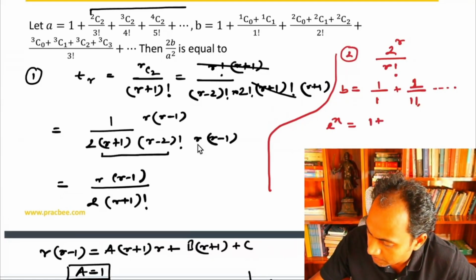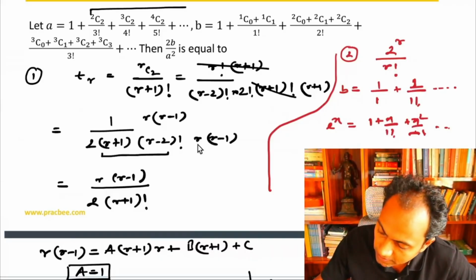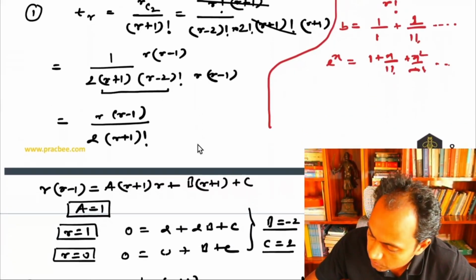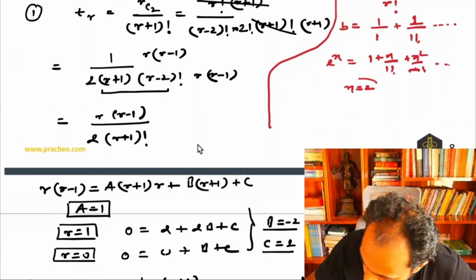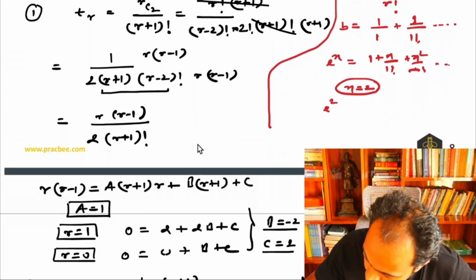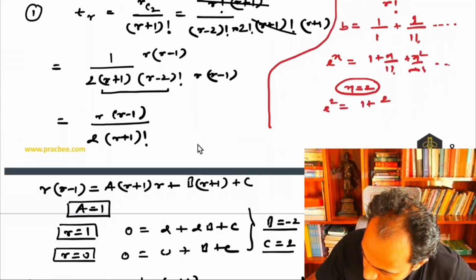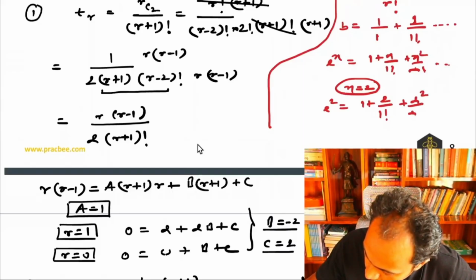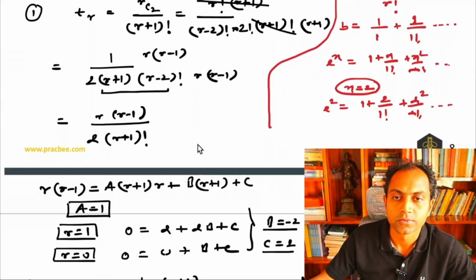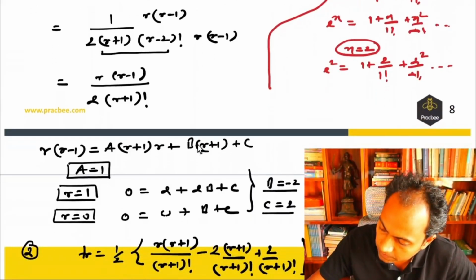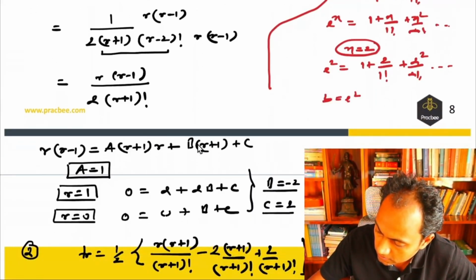That was 1 plus x by 1 factorial, x square by 2 factorial. What we have done, we have just put x is equal to 2. So, e square will look like this, 1 plus 2 by 1 factorial plus 2 square by 2 factorial and so on. So, clearly from here the value of B comes out to be nothing but e square.